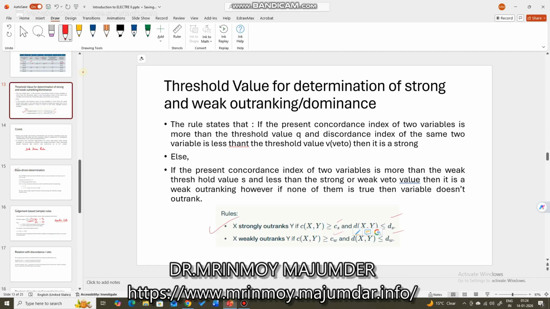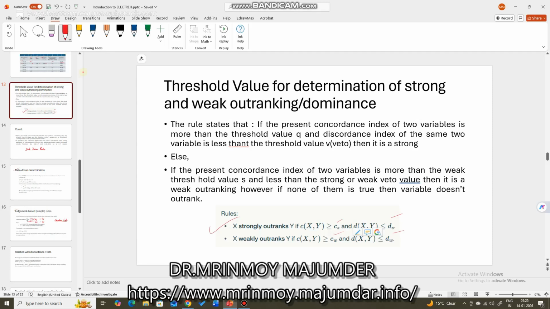If the concordance index value of those same two alternatives is greater than or equal to the strong concordance value, and the discordance value of those same alternatives is less than the strong discordance value. Right now, you'll say, what is the veto value, or the strong or weak discordance value?